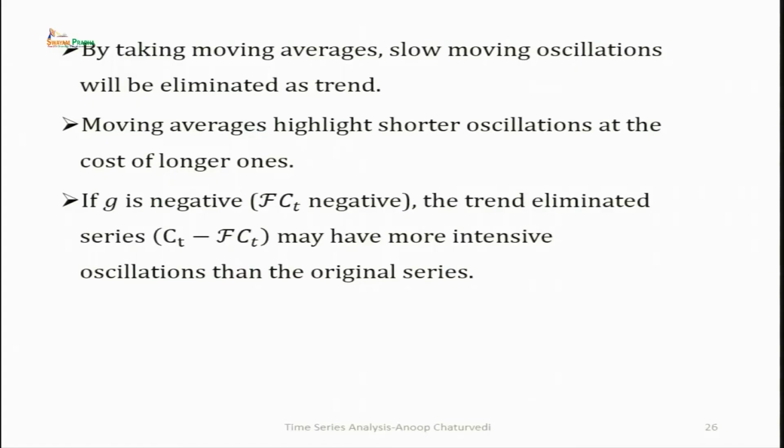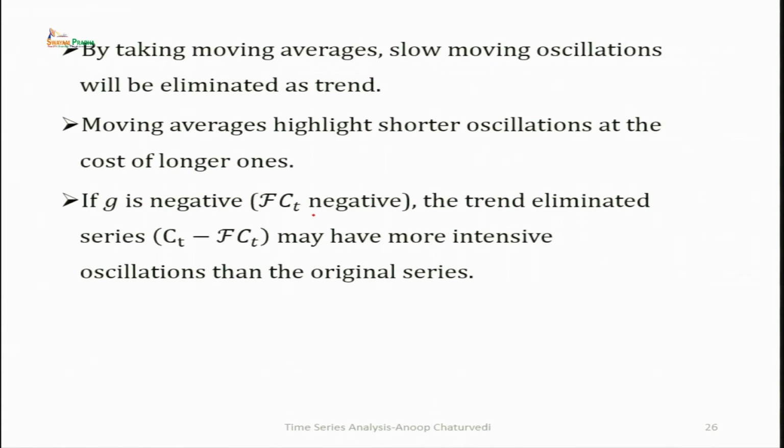Then moving average highlights shorter oscillations at the cost of longer ones. Shorter oscillations are highlighted and longer oscillations get eliminated. If g is negative, means f c t is negative.